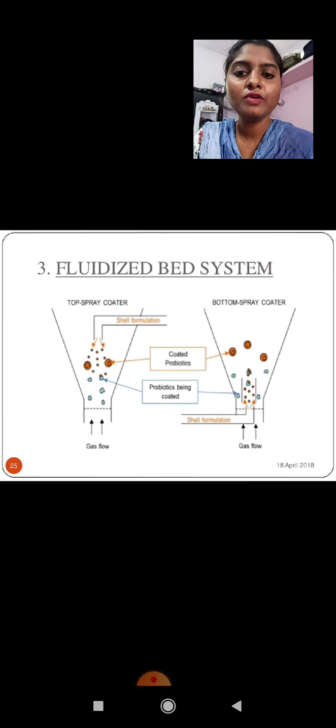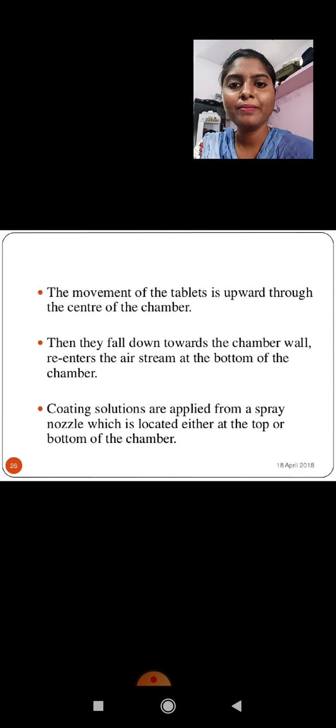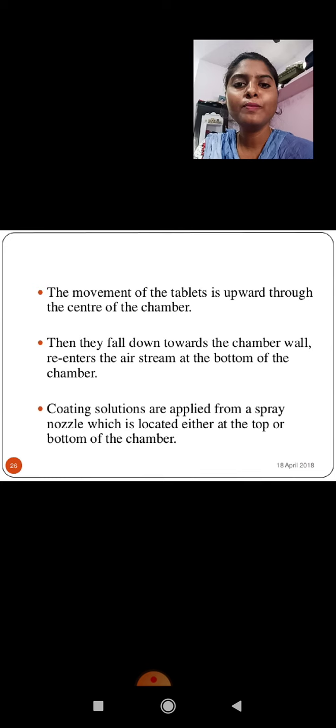So to prevent that, we generally use the fluidized bed system. In the fluidized bed system, we generally coat probiotics and some antibiotics. The mechanism involved in this fluidized bed is the movement of the tablets upward through the center of the channel.